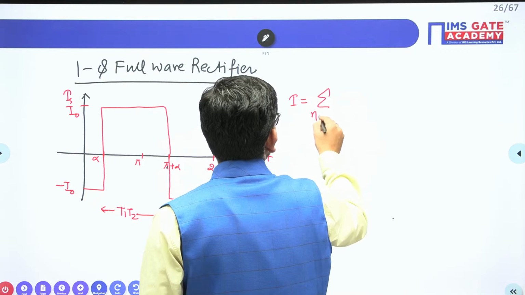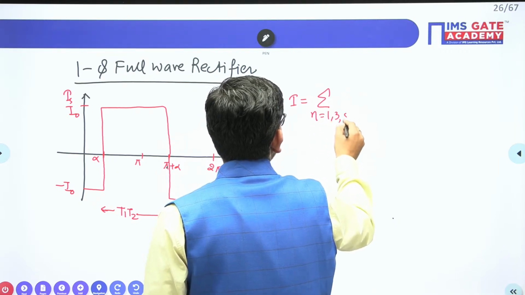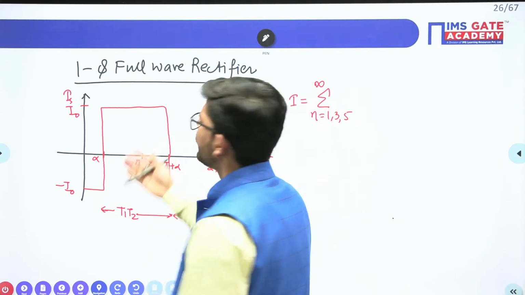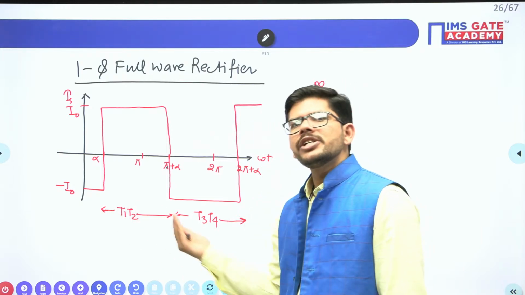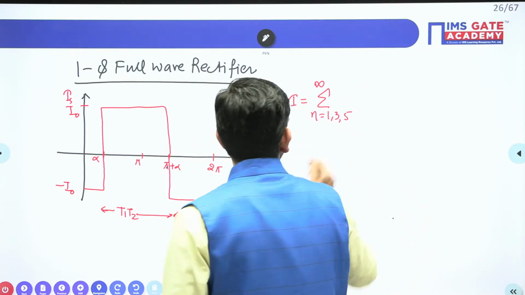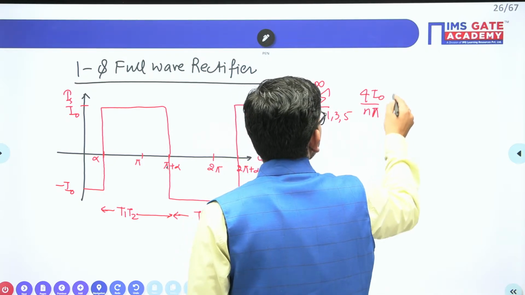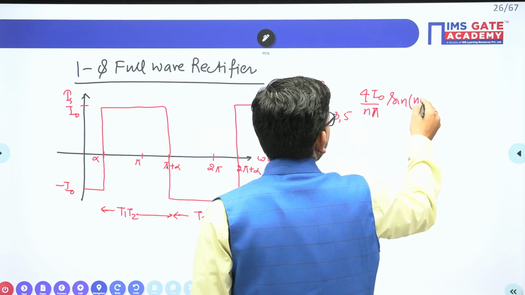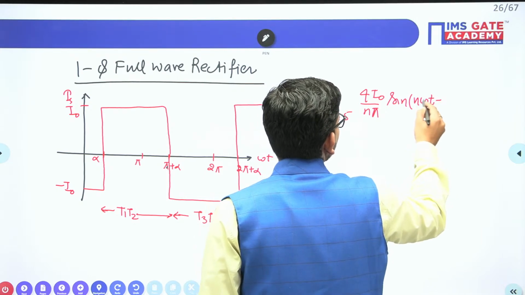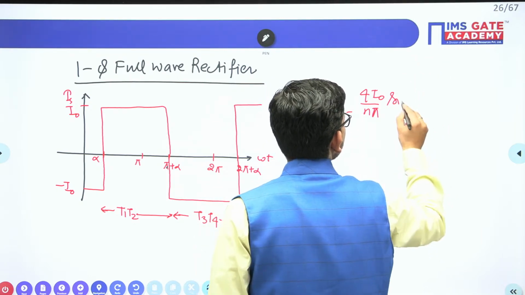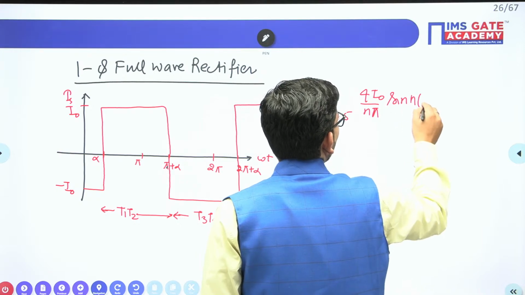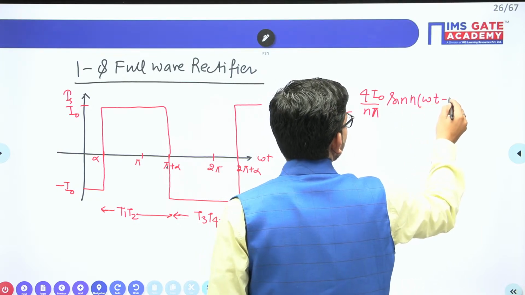The Fourier series expression will be, for n equals 1, 3, 5 to infinity, this is a perfect square wave but shifted by some angle. So for a perfect square wave, we have 4 I naught upon n pi, sine of n omega t minus phi n.